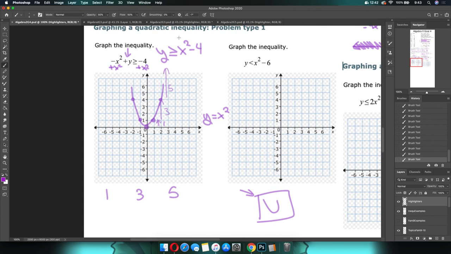My next one, I would go up 7 squares. Then I would go up 9, then 11, then 13. There's a pattern there. And you can use that to your advantage both here and later when you're graphing more complicated quadratics. So since I now know that, I don't have to worry all that much about anything other than my y-intercept.